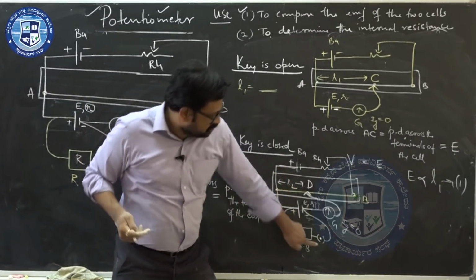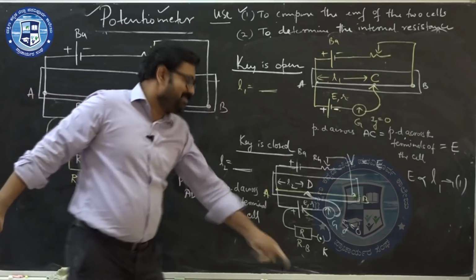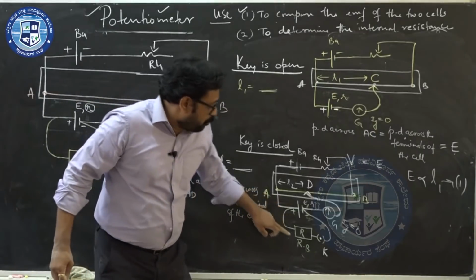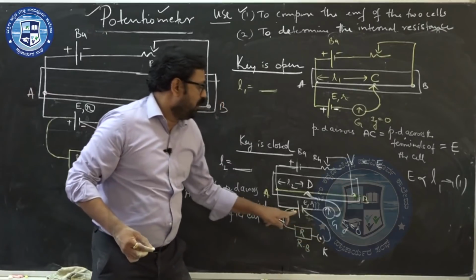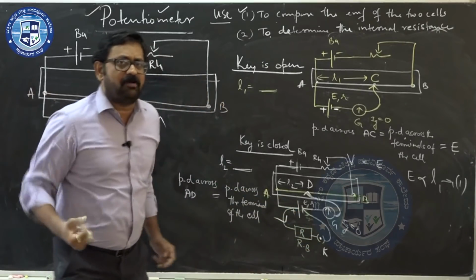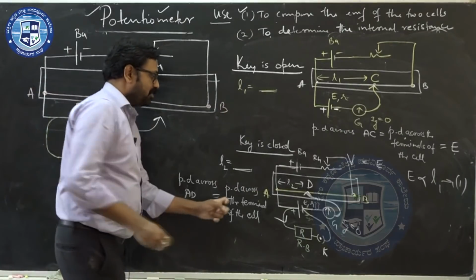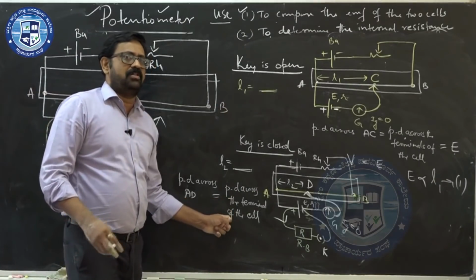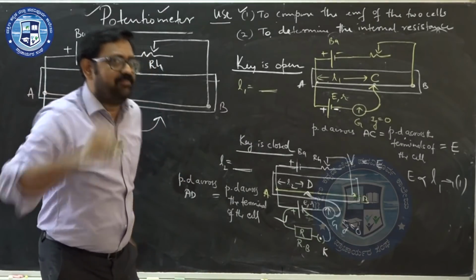Since the key is closed, this part of the circuit, consisting of a resistor and a wire connected across the cell, will draw some current from the cell. Yes. That is why the potential difference across the terminals of the cell will never be equal to the EMF. It is less than the EMF, for your kind information.